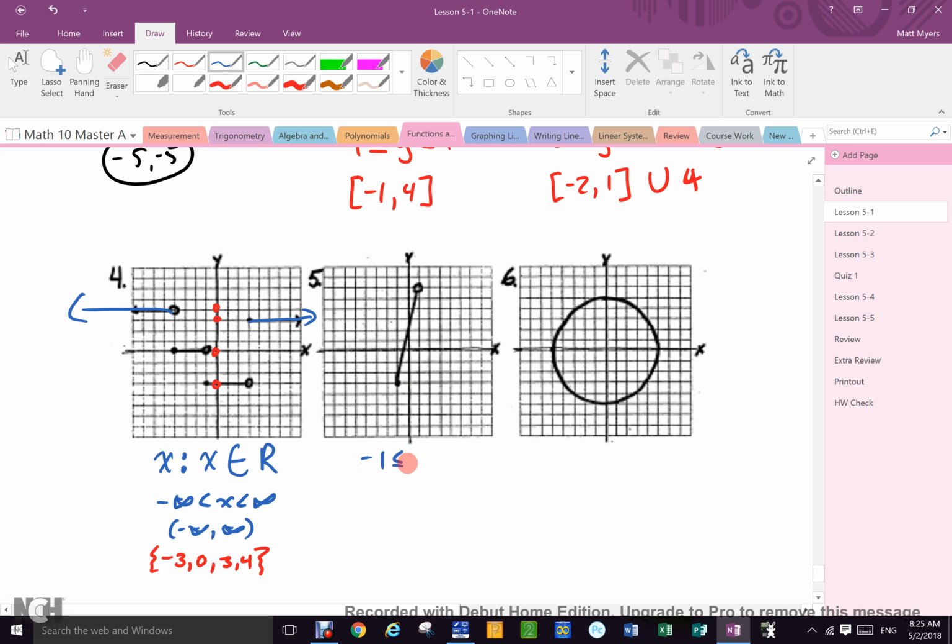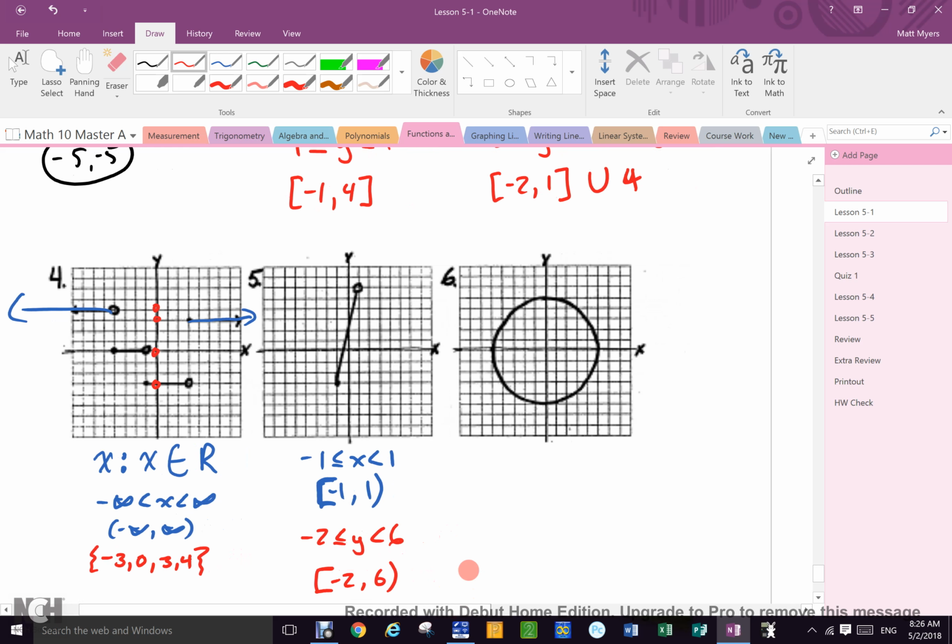Negative 1 less than or equal to x less than 1: negative 1, comma, 1, with a square bracket on the negative 1 and a round bracket on the 1. Negative 2 less than or equal to y less than 6: square bracket, negative 2, 6, round bracket. Oh, it's negative 3, thank you.